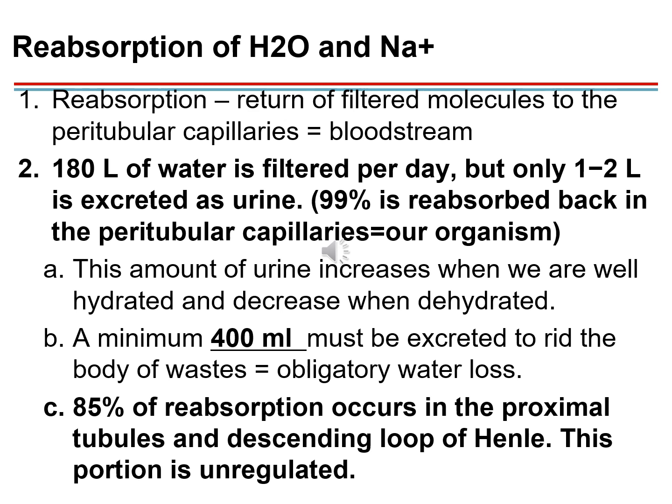However, we urinate only 1 to 2 liters. In other words, 99% of that 180 liters of filtrate is reabsorbed back into the peritubular capillaries, and so remains in our organism.